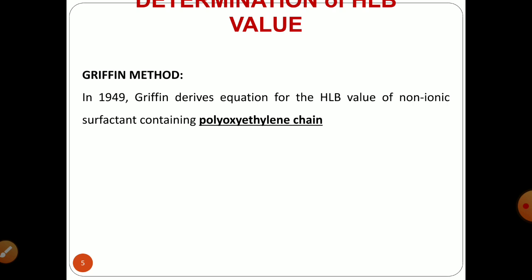Griffin used the percent by weight of the polyoxyethylene chain and the percent by weight of the polyhydric alcohol group to determine the HLB value for that surfactant, and he gave the formula as HLB is equal to the summation of the weight of the polyoxyethylene chain and the weight of the polyhydric alcohol group, divided by 5.